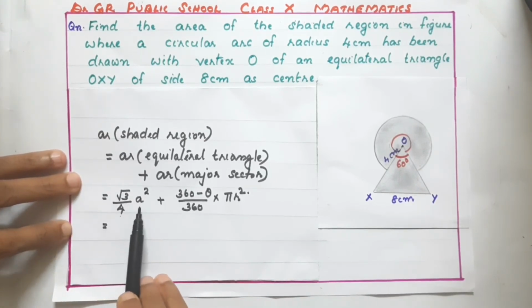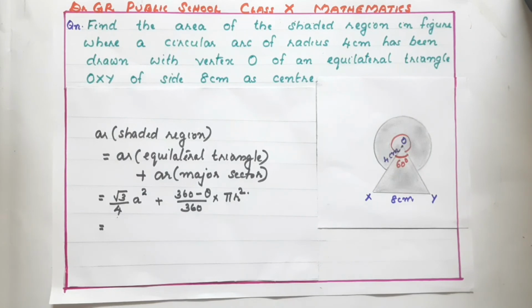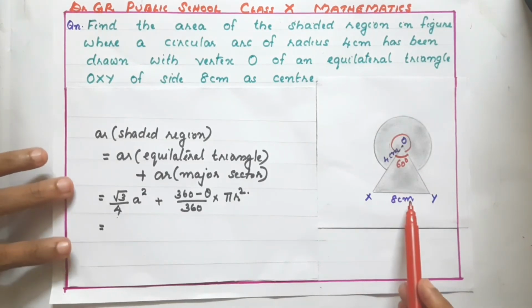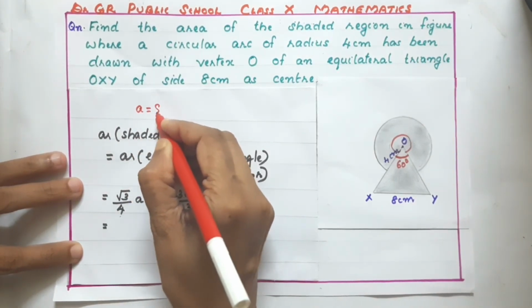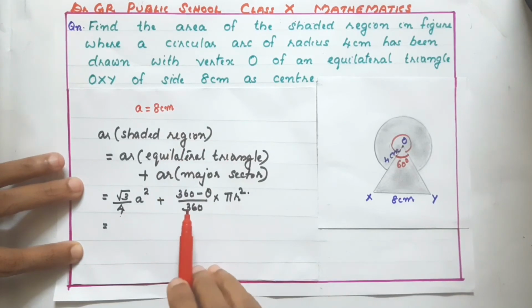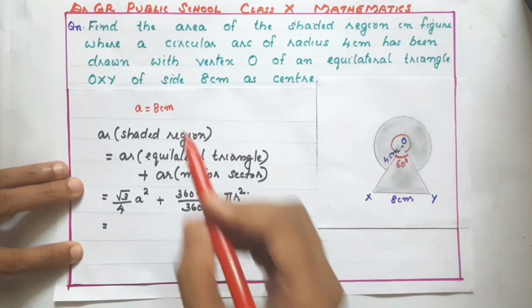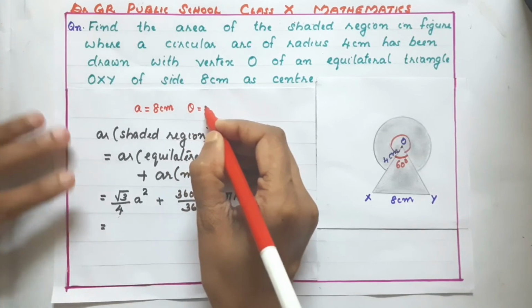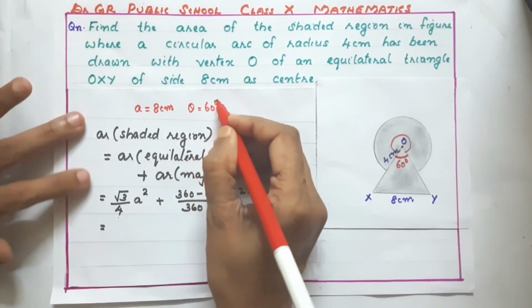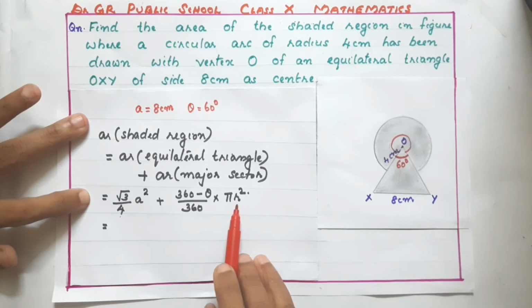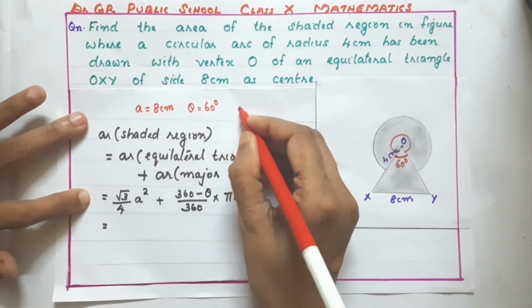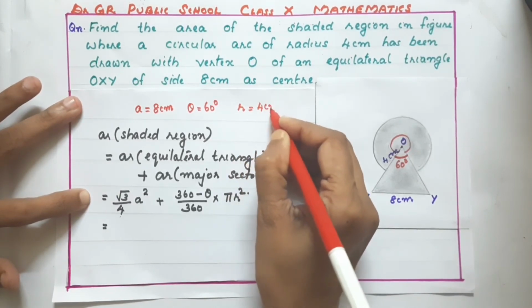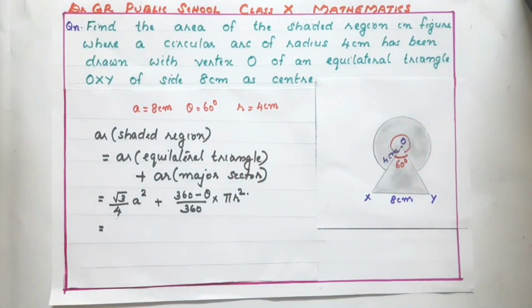What is a here? A is the side of this equilateral triangle, it is given as 8. So a is equal to 8 centimeter. Then theta, what is theta here? 60 degrees. And then we need r. What is the radius of this major sector? It is given 4 centimeter. So r is equal to 4 centimeter. Okay, we got all the required measures.